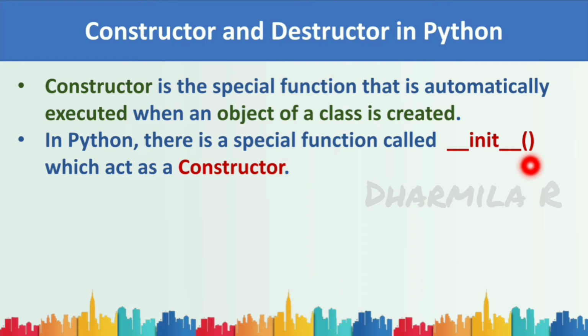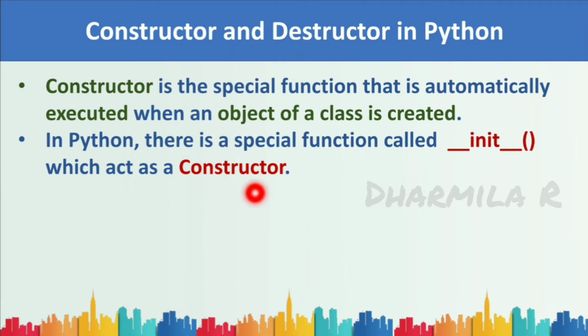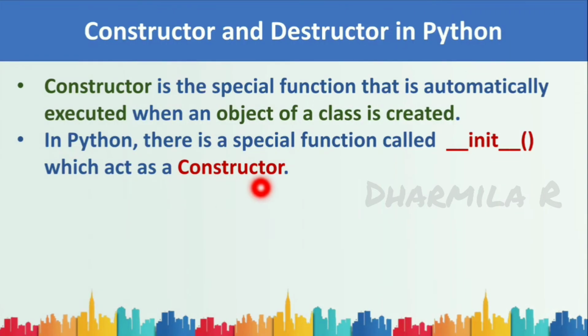This is the way to create the constructor block in Python. We have to begin with double underscore and end with double underscore. So a constructor can be defined with or without arguments, and this method is specially used to initialize the class variables. So you have learned what is a constructor. It is a special function used to initialize the class variables.